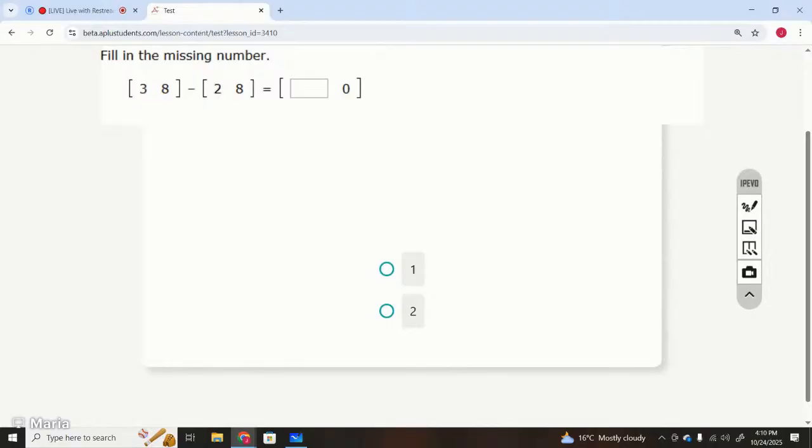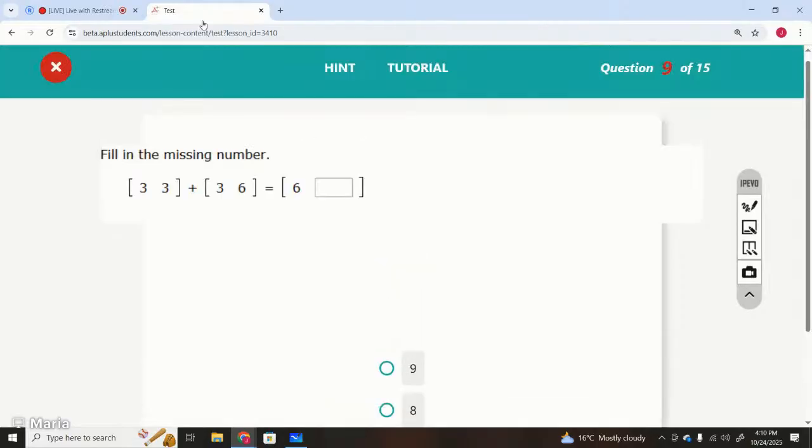Fill in the missing number. 3 minus 2 is 1. Option number 1 is the correct option. Okay, you can complete the lesson by yourself here today. Let me just move on to the next lesson.